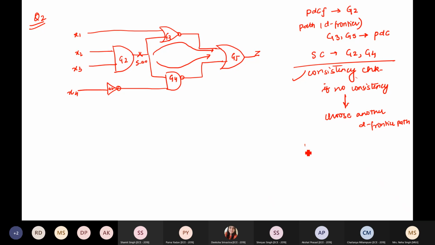So now my step would be, I still take PDCF of gate G2, but now I take PDC for the D frontier consisting of G4 and G5, and I will take the singular cubes of the rest of the gates, that is, this was G1.